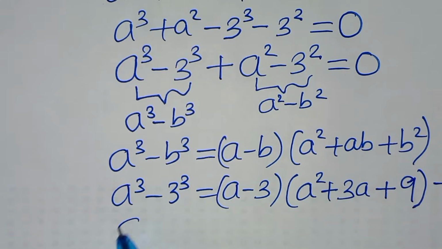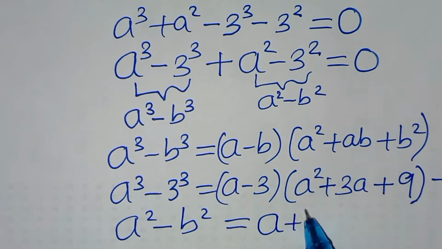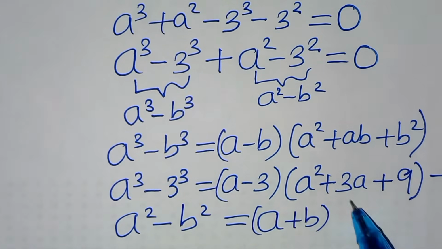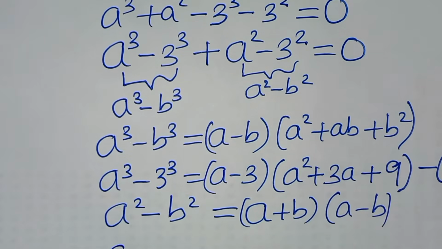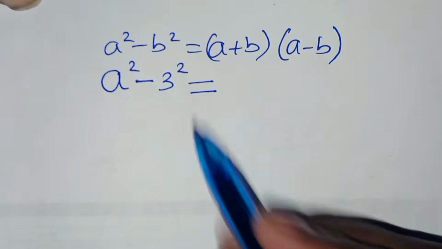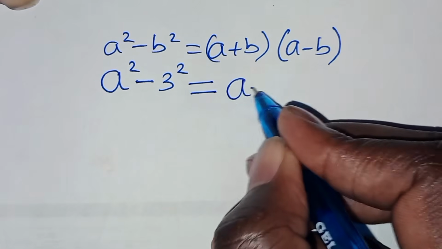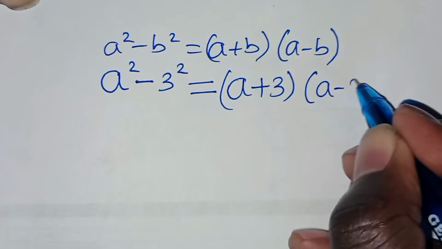The second part is the difference of two perfect squares, a squared minus b squared, which can be expressed as a plus b times a minus b. So a squared minus 3 squared can be expressed as a plus 3 times a minus 3.